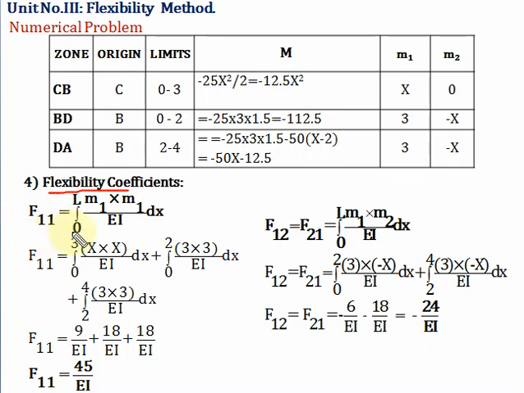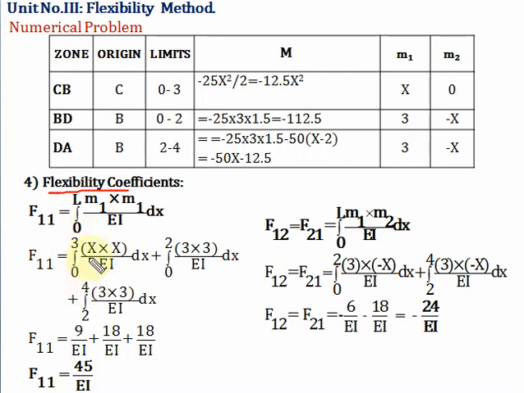F11 is equal to integration 0 to L of M1 multiplied by M1 upon EI into dx. For the first zone CB, the value of M1 is x and the limits are 0 to 3.